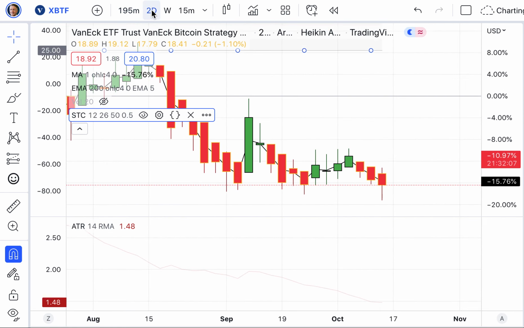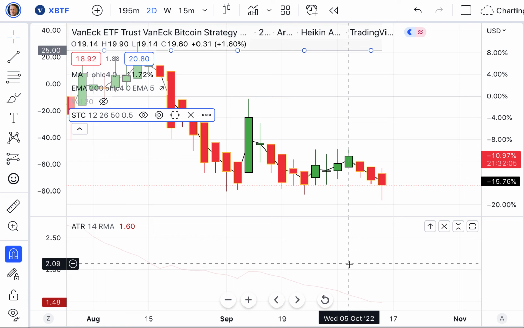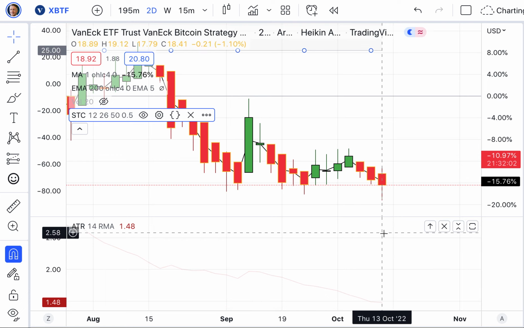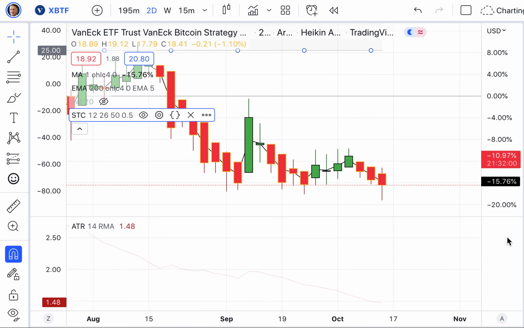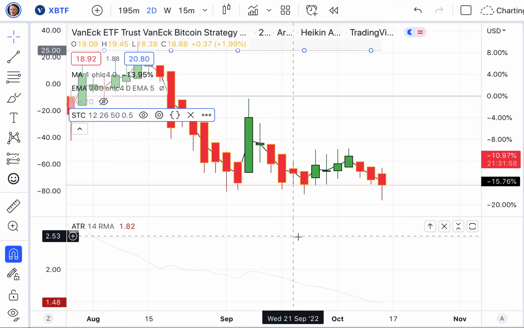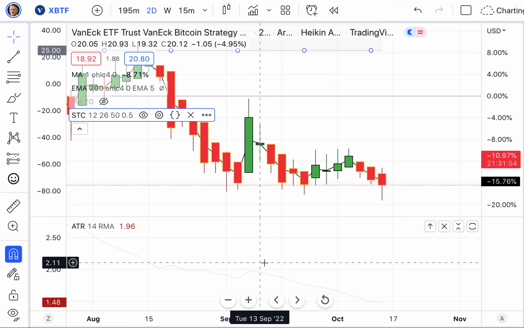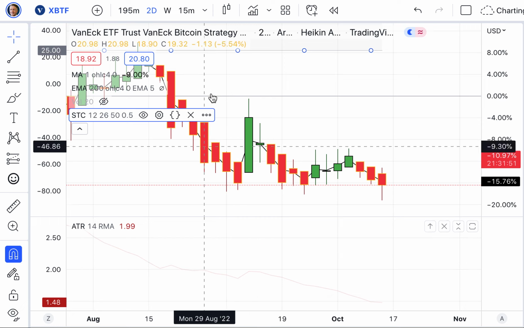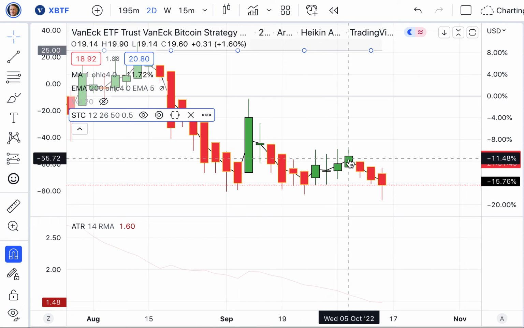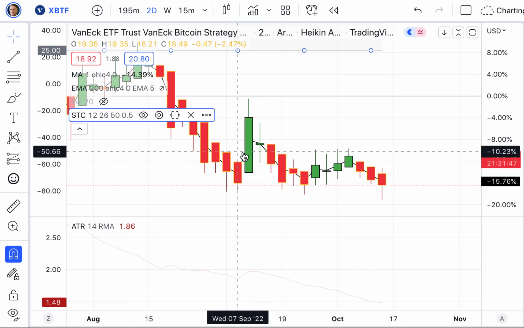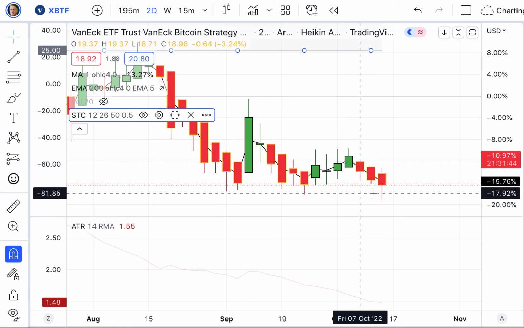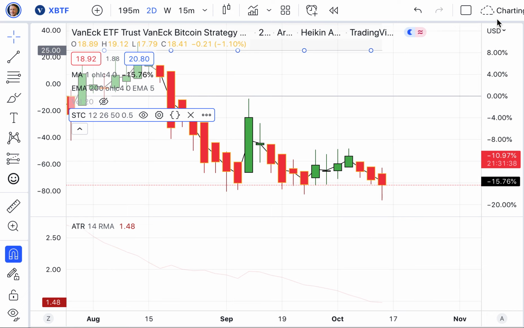On the 2-day, if we take a look at things, what did I just do to my chart? I've got no idea. I got rid of something. I don't know how I did that, but I'll be sure not to save this. I got rid of my STC there, but I'll get it back in just a minute. Anyway, I did something crazy here.